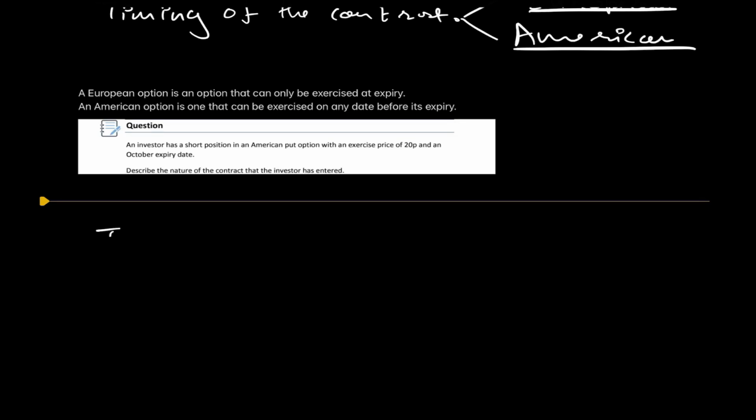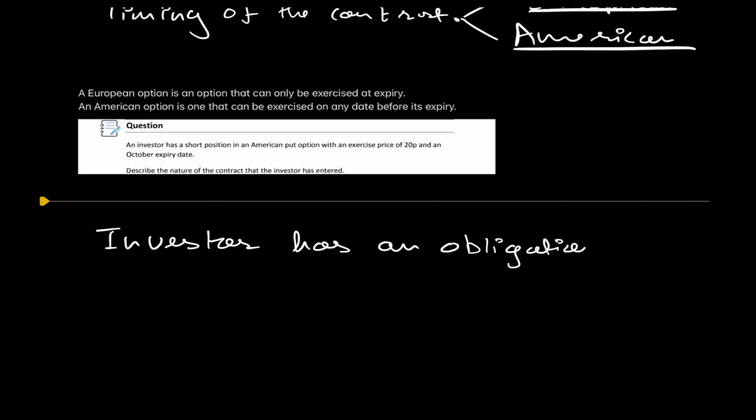So the investor, first of all, has an obligation to buy. Why? Because they've taken a short position, that is, they've sold, right? They've sold an American put option. Okay, so they've sold a put option, which is the opposite side of an option to sell. So that is an obligation to buy, right?